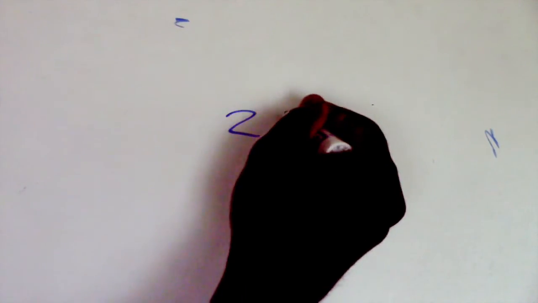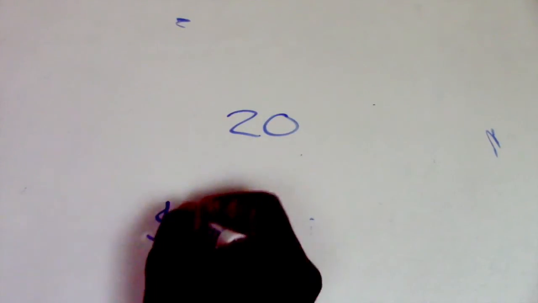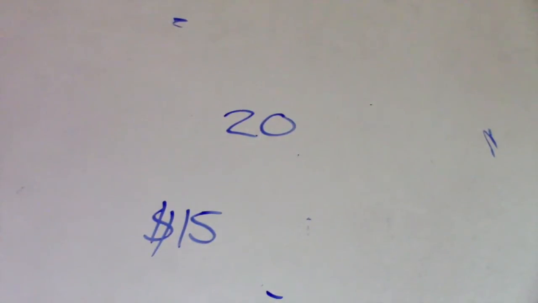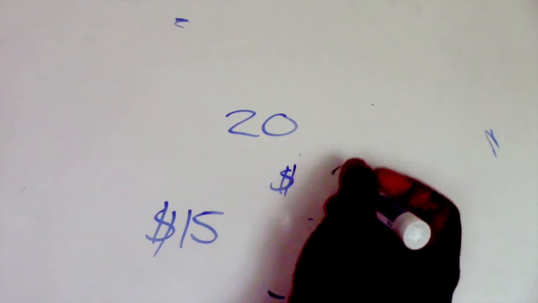Remember, your dollar cost average is, let's say, $15 for simplicity. If the stock goes back up to $20, you have made $5 per share.